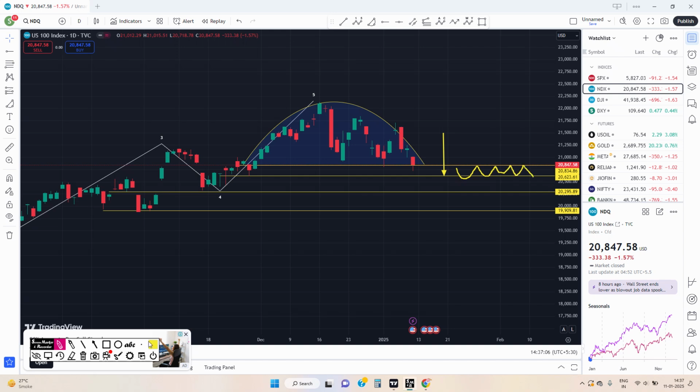And once this level gets triggered on the closing, then you may see this level very soon. Soon you will witness this level. So my dear friends, stay away and be very, very cautious on your buying side, because the index has now turned negative. So my dear friends, this is it.